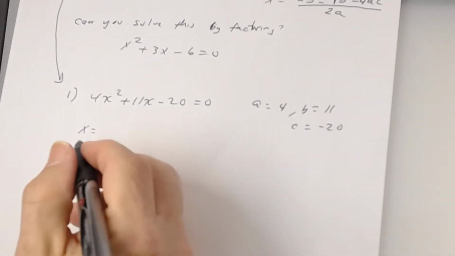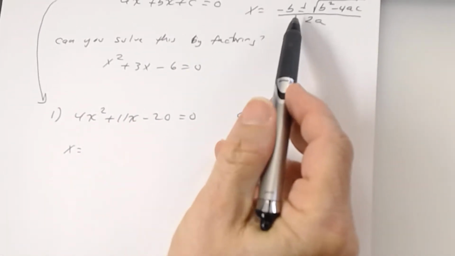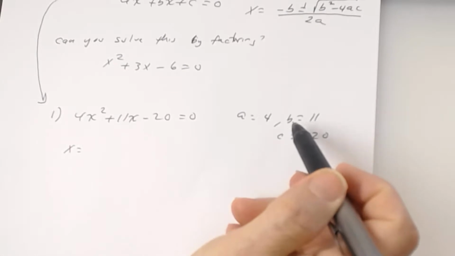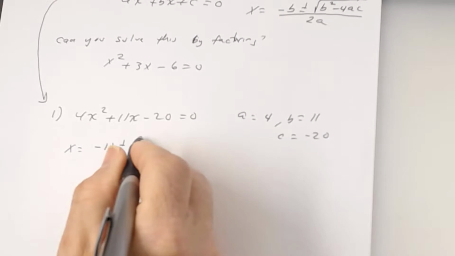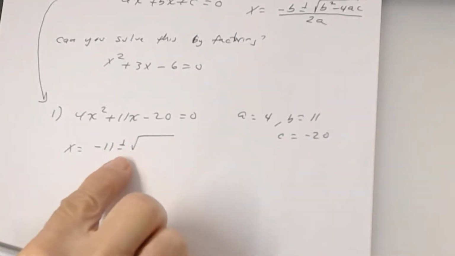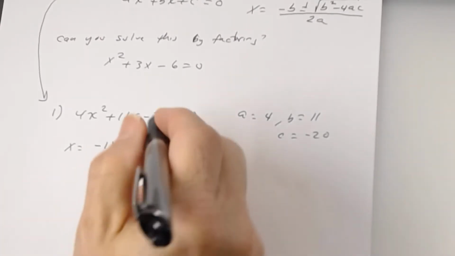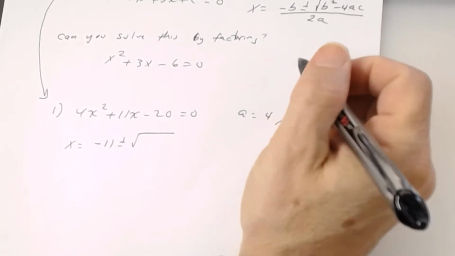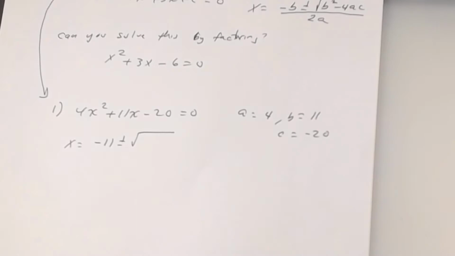Okay, so you've got to say x equals. Then look at the formula. It says the opposite of b. What is b? 11. What's the opposite of that? Negative 11, plus or minus the square root of. When you do the work, it's going to say show work, so I need to see this part. So negative 11 plus or minus, and then b squared. If b was negative, you would need to put it in parentheses, so to be on the safe side, always put b in parentheses.